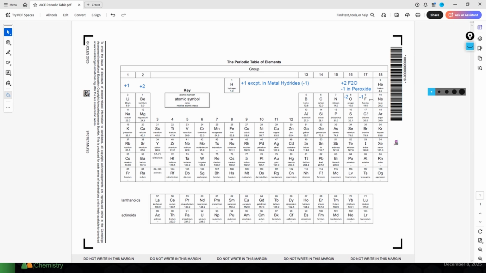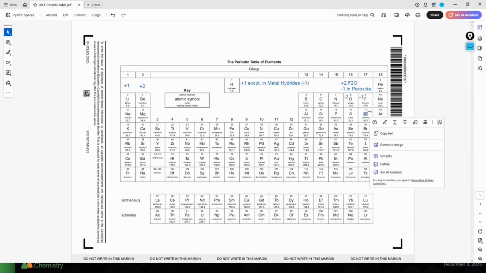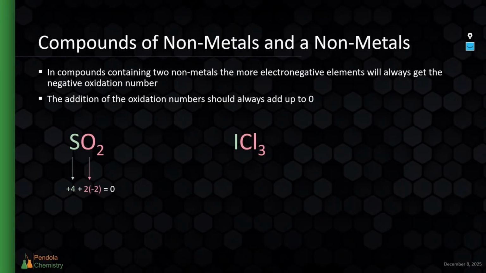Chlorine is part of fluorine's group, meaning the oxidation number could be -1, which is going to be the case of chlorine if it's ever an ion, but we don't know that for sure. But having no clear rule to follow here, we can make the simple assumption that the chlorine is going to be -1.